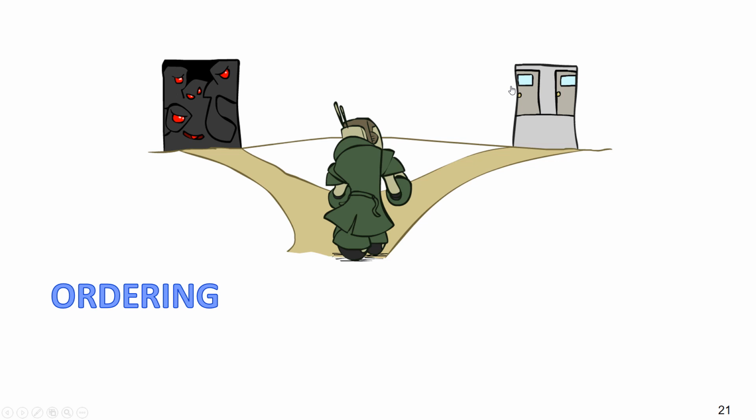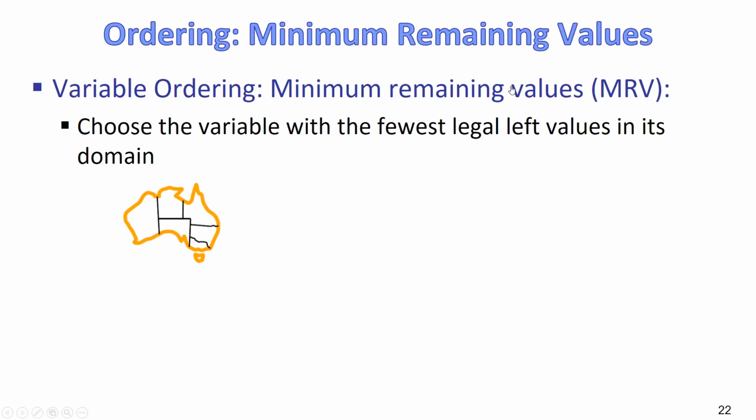Now we want to see, can we do better? Can we choose the order of the variables and the values in a way that can make finding a solution faster? So that's the topic that we will discuss now. The first one that we will discuss is how to select the next variable to assign.